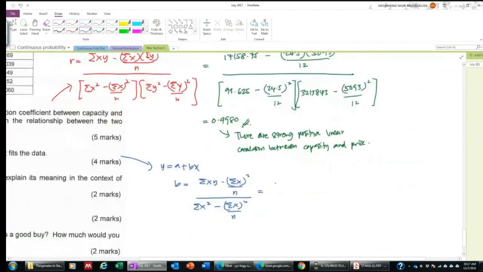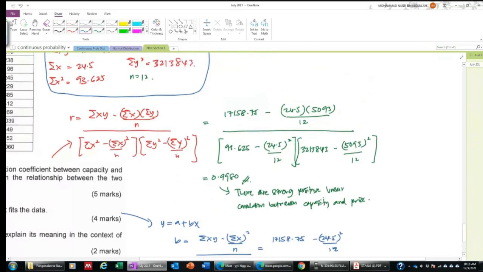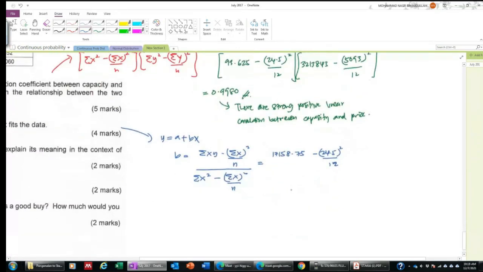So this one should be 17158.75 minus 24.5 squared divided by 12. Sorry, I think I made it wrong. So this is wrong, it's not like this. This is summation of y divided by n.